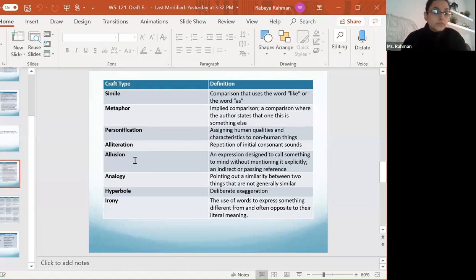So to quickly go over, you have simile, metaphor, personification, alliteration, allusion, analogy, hyperbole, and irony. What I'm going to do is give you the next, we'll say, 10 to 15 minutes to continue drafting, and I want you to make sure that you have at least 2 literary devices inside of your drafting work today, okay?